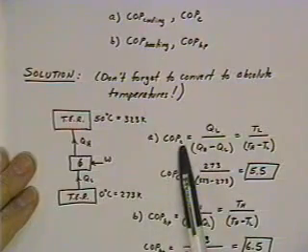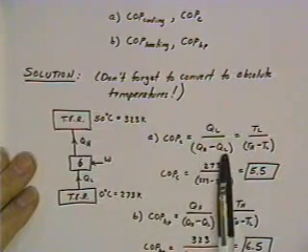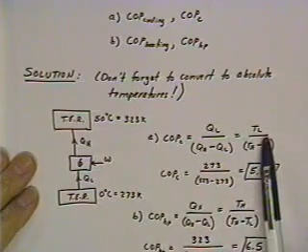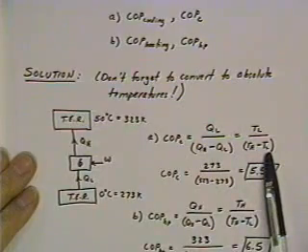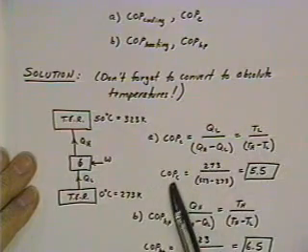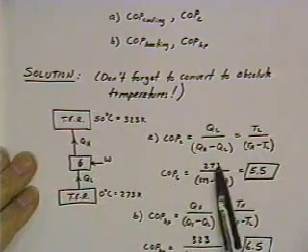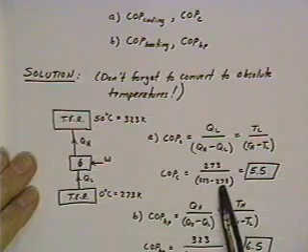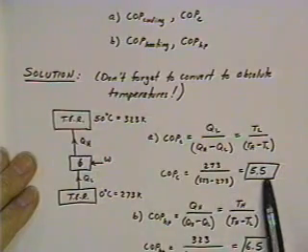Okay, COP for cooling is QL over QH minus QL, which for a Carnot cycle is TL over TH minus TL. And so COP for cooling is 273, our low temperature reservoir, divided by the difference, 323 minus 273. COP for cooling is 5.5.